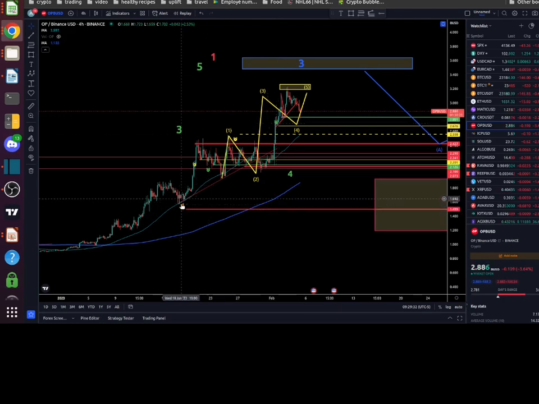So let's say I got in here, actually even lower, but I took some profit here, and then I got back more here, but I did put a sell stop limit a little bit lower, so that if price reverses, I secure my profit.